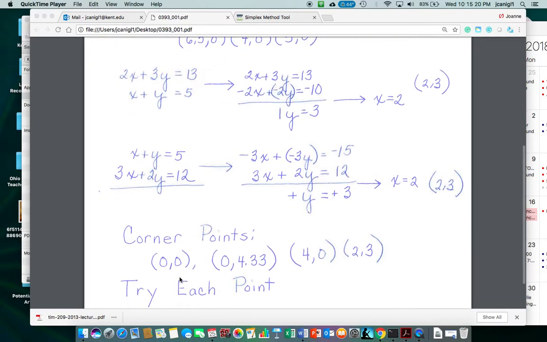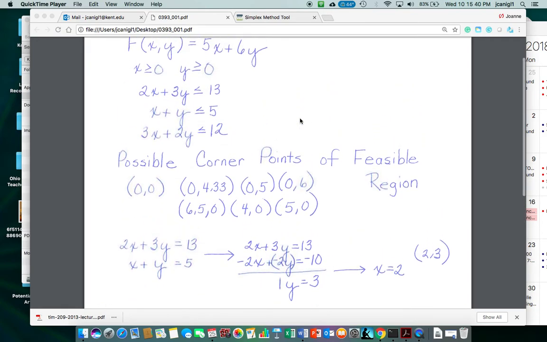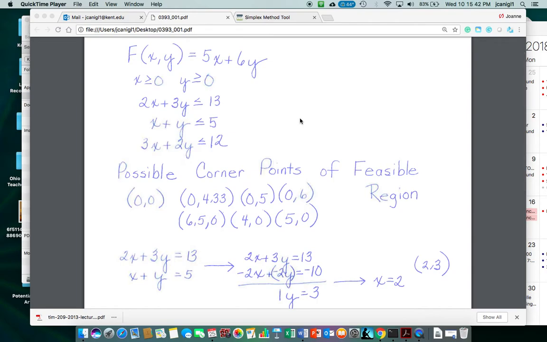So now we have some feasible corner points narrowing down to 0, 0, 0, 4.33, 4, 0, and 2, 3. Now you might say, why didn't I use 0, 5 and 0, 6, or 6.5, 0 and 5, 0?